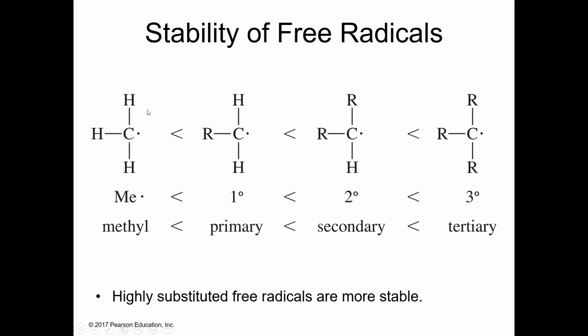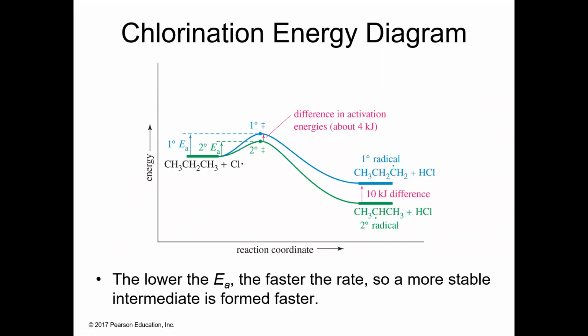Okay, so the more hydrogens we have replaced with carbons, or the more substituted, the more stable that free radical is. Okay, so here's that diagram with chlorine, primary and secondary free radicals with propane. Okay, so it's faster and it's more stable to form the secondary free radical.